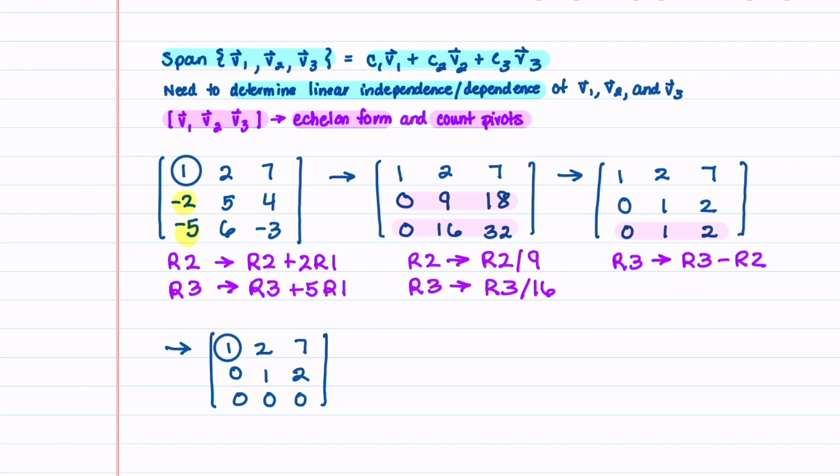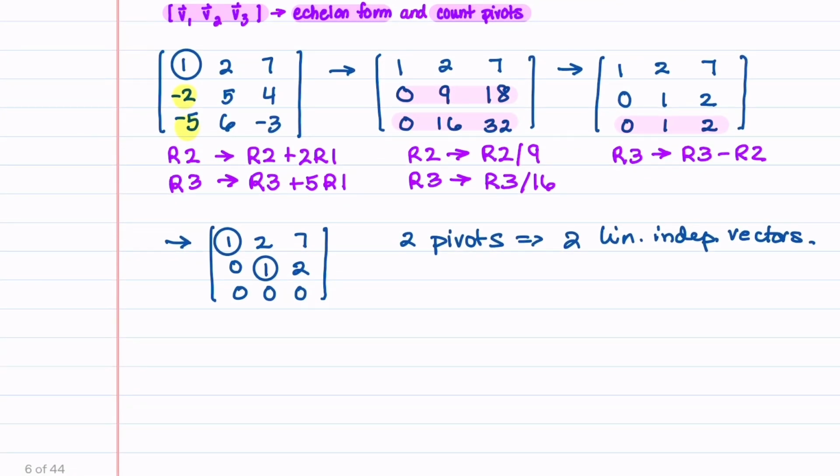If we circle our pivots, we can see that we have 2 pivots. So that means we're going to have 2 linearly independent vectors. So our geometric description is going to be based on that.